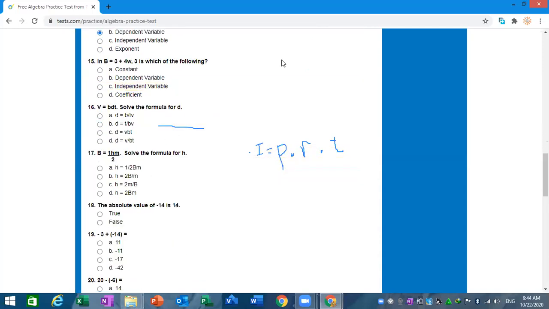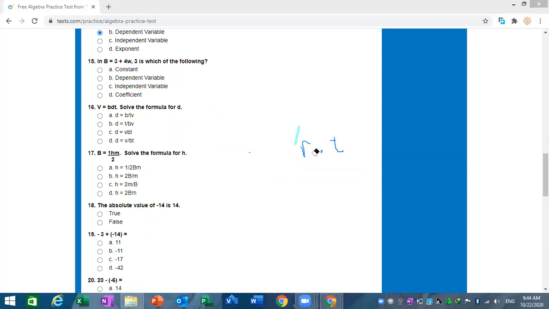Also, we studied in this chapter solving for h. Example: P equals hm over 2. Solve the formula for h. Is there anyone who can tell me how we can solve this question?